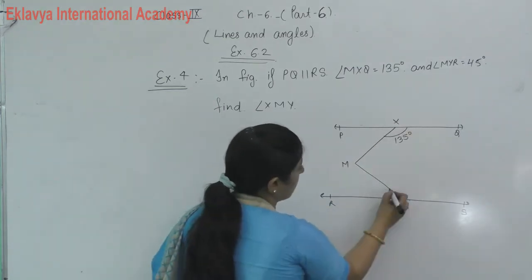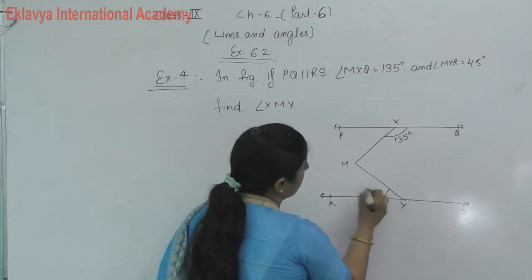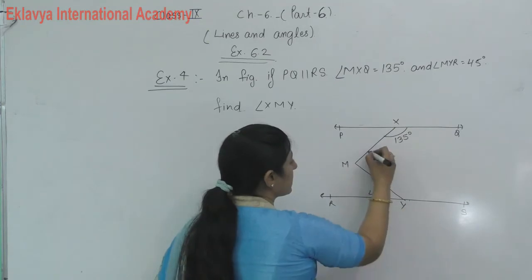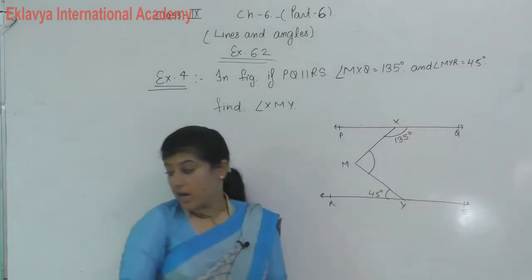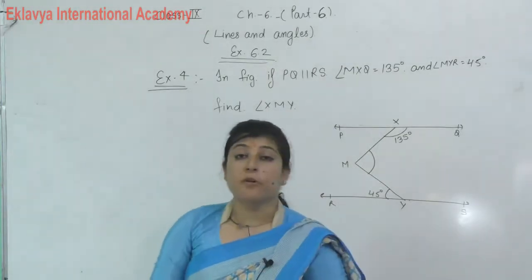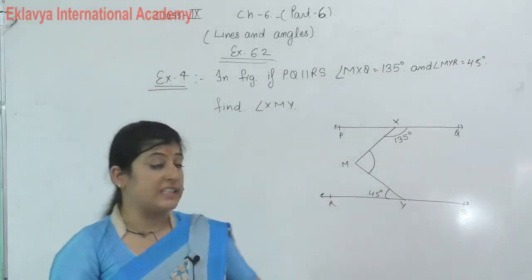MYR, this angle, is 45 degrees. Find out XMY. XMY means this angle we have to find out. How to find out this angle? Here we will use the concept of transversal and parallel lines.